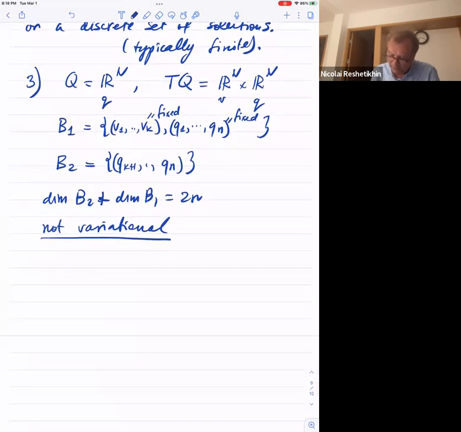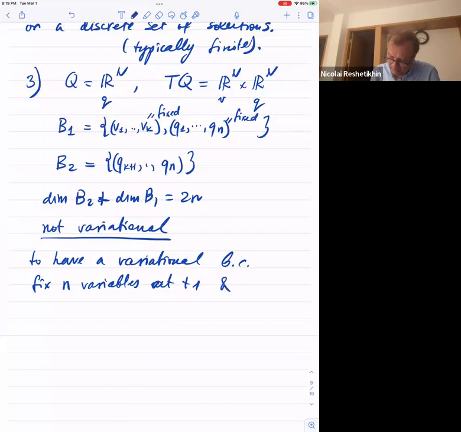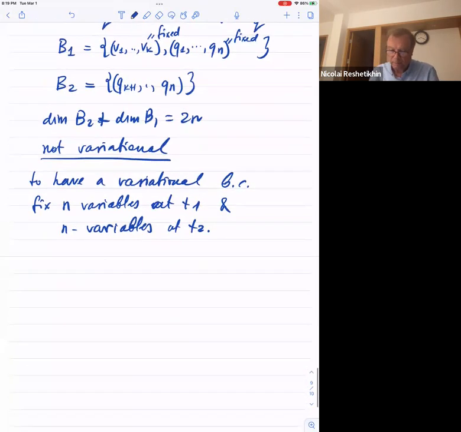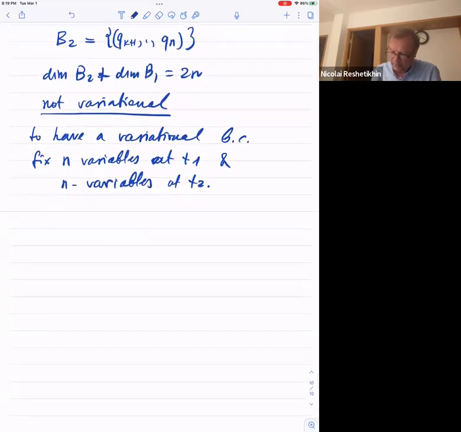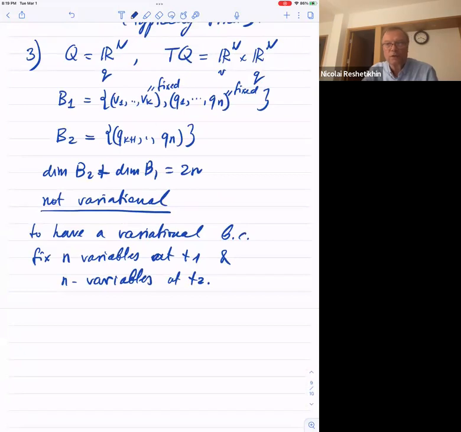So basically to have variational boundary conditions, you have to fix n variables at T1 and n variables at T2. And we will see very soon when we discuss Hamiltonian mechanics why this is the case. Okay. Any other questions about boundary conditions?